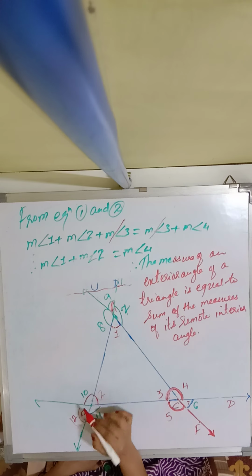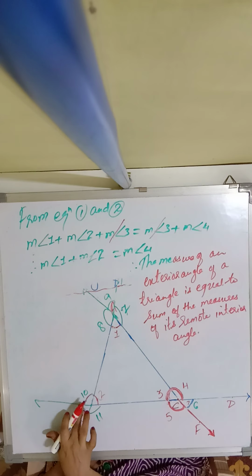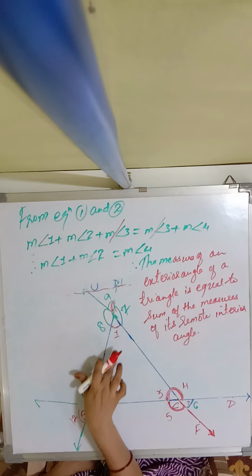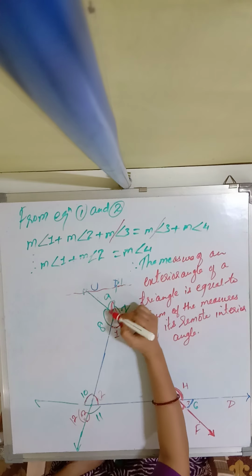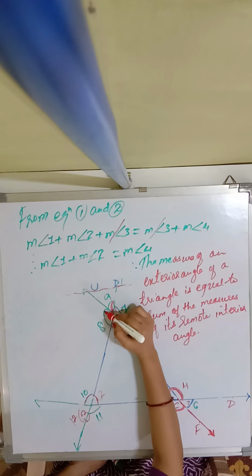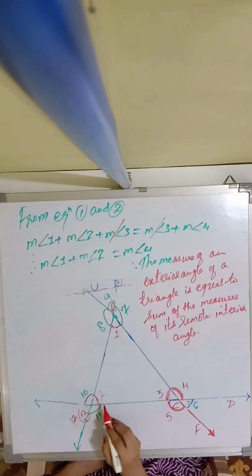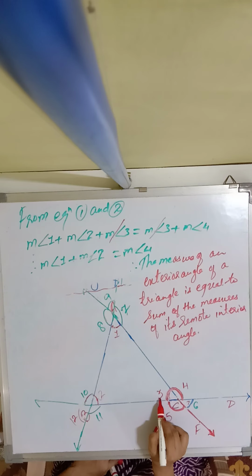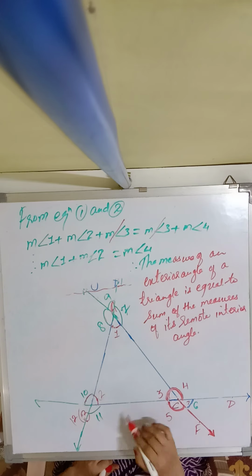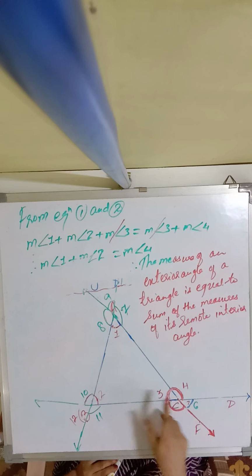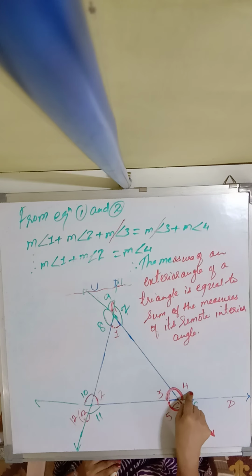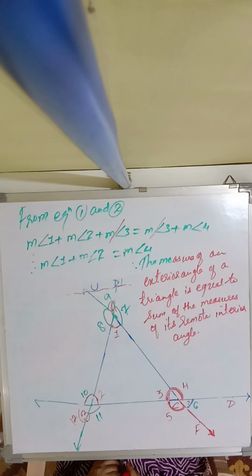If I take this angle 10, then measure angle 10 will be measure angle 1 plus measure angle 3. If I take angle 8 as the exterior angle, its measure will be measure angle 2 plus 3. So we have to take the remote interior angles. The sum of both remote interior angles gives the measure of the exterior angle.